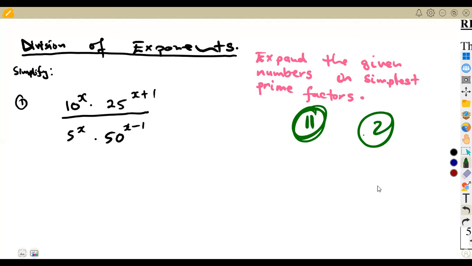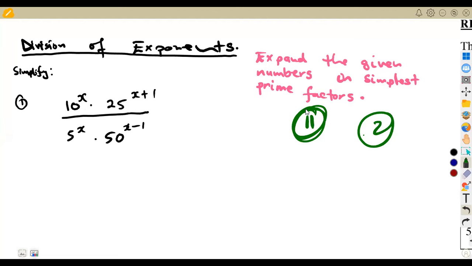So these prime numbers are the simplest numbers that we can use in our simplification. We are so certain that our numbers are in simplest form. That's what I'm trying to say. So let's try that and see.